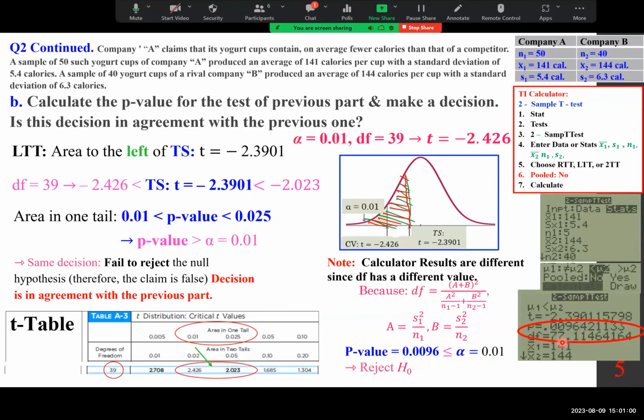Since the difference between the two degrees of freedom, between this one, 39, and this one, 77, is a lot, they don't give us the same results. If they are fairly close, we end up with the same result. But as I mentioned, just show work, you have nothing to worry about.